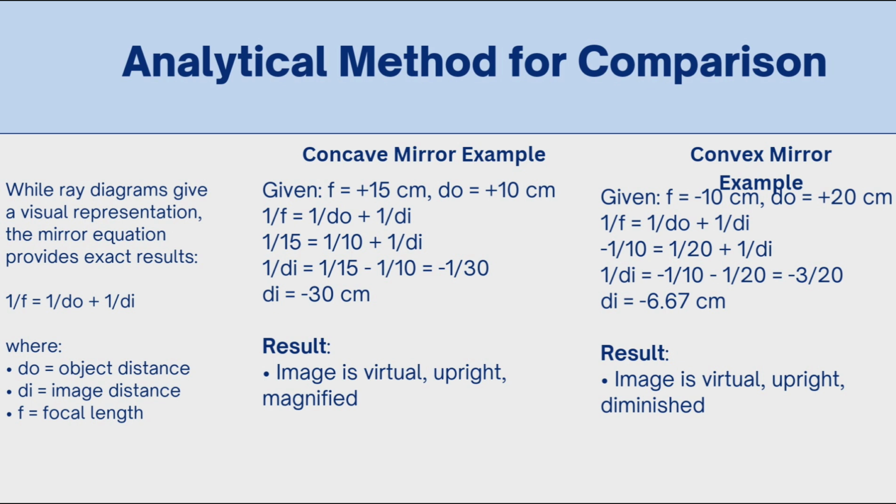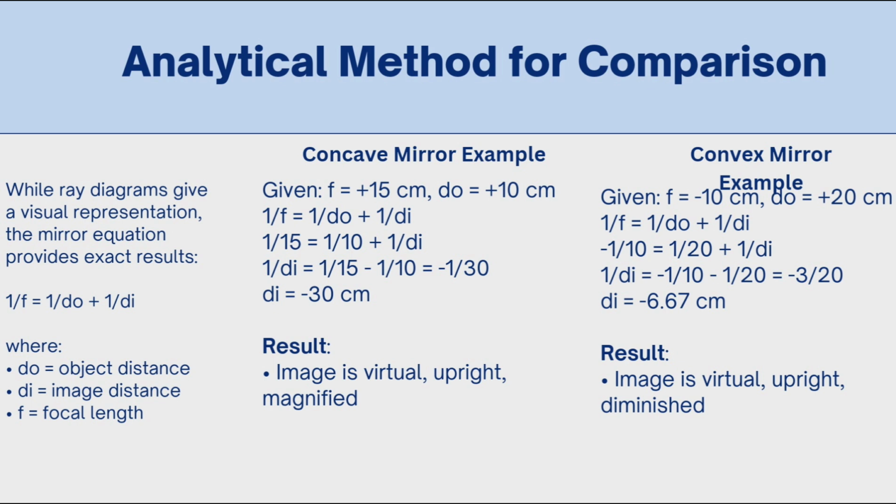Here we subtract first, because we need to find the common denominator of 15 and 10, which is 30. So we have now 1 over di equals 2 over 30 minus 3 over 30. Why 2 and 3 here? It's because 15 is multiplied by 2 to get 30, and for 10, 3 is what we multiply to get 30.